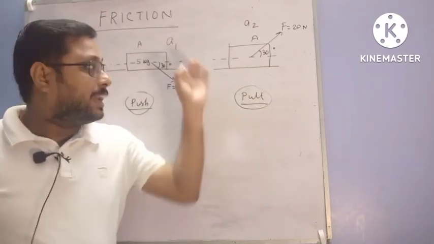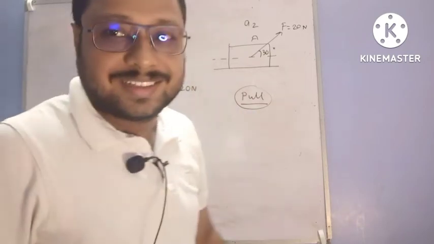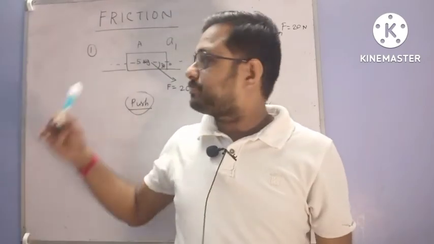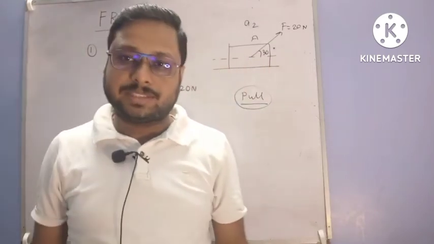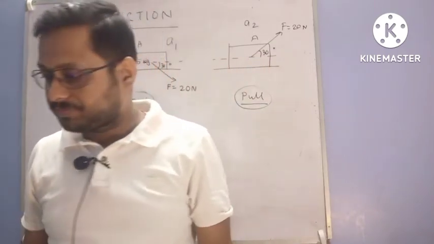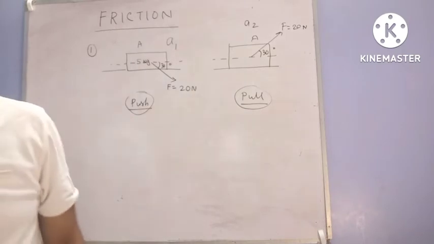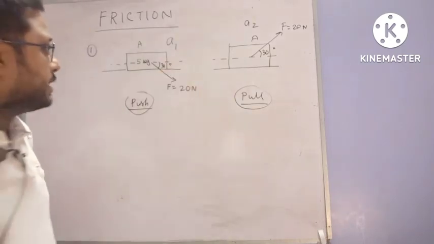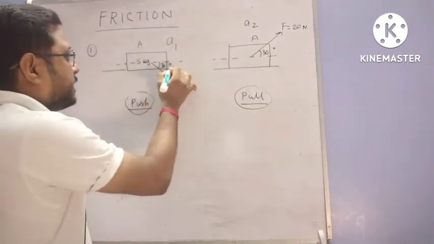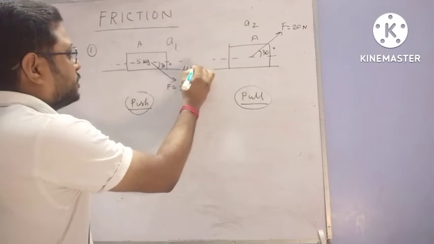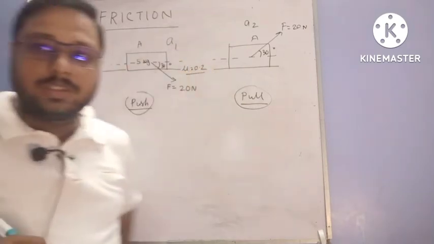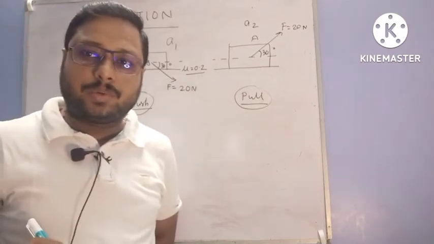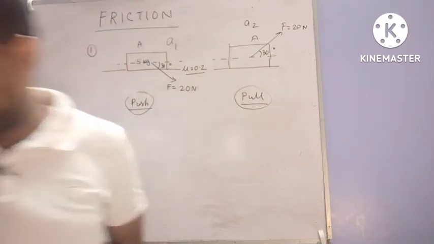This is a question which came in a previous year's JEE Main. Also, the coefficient of friction between the ground and the block is given as 0.2. So, we can now solve it.